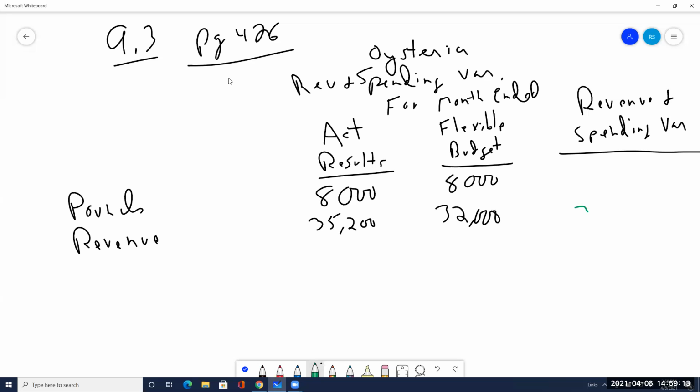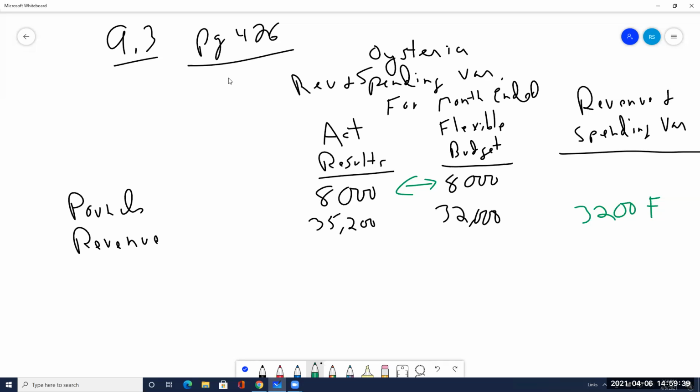So that is a $3,200 favorable variance. Now that's a good thing because notice I flexed my budget so it represents 8,000. My actual results is I sold 8,000. I would have expected 32,000 in revenue. I really had 35.2.